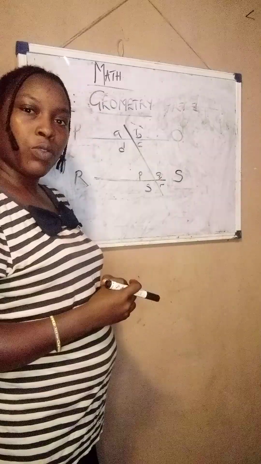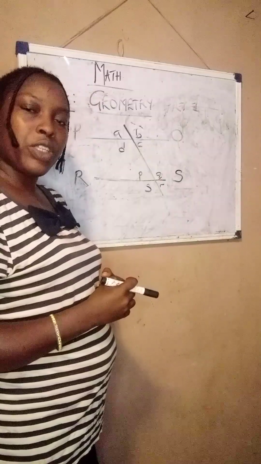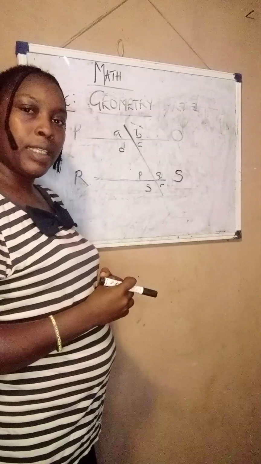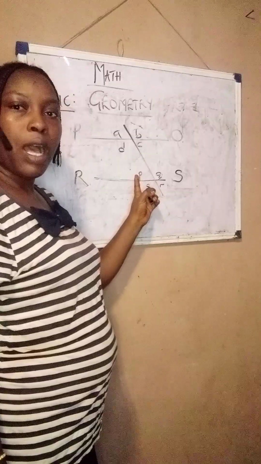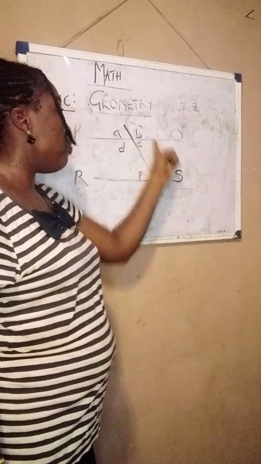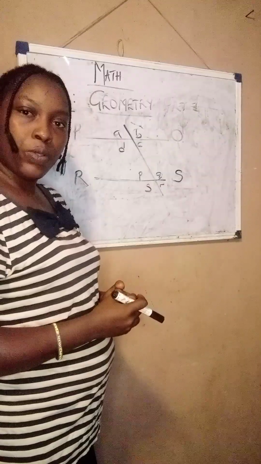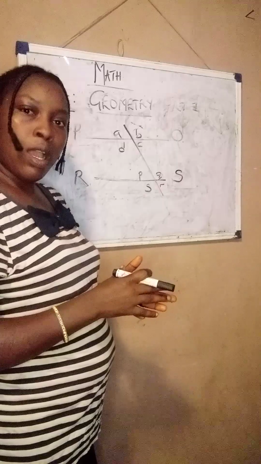The next takes us to two interior angles. The sum of two interior angles is equal to 180 degrees. We have A and P as our interior angles. We have P and Q, B and Q as other interior angles. The next is adjacent angles.